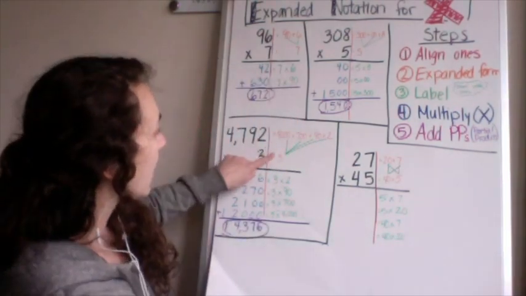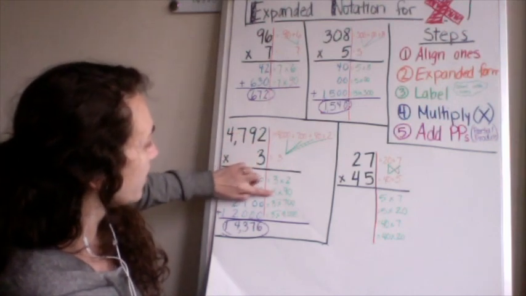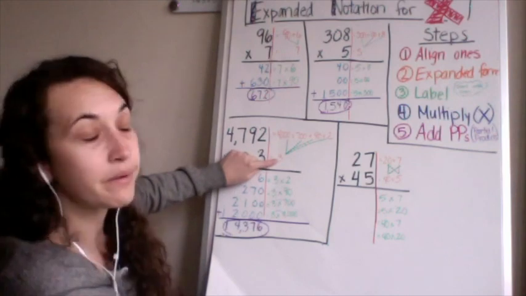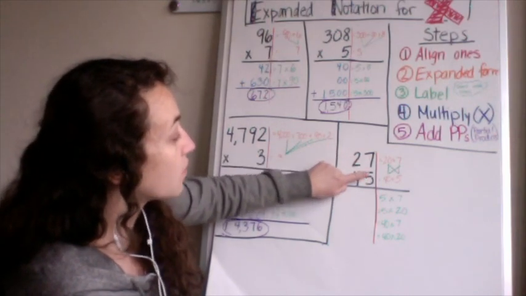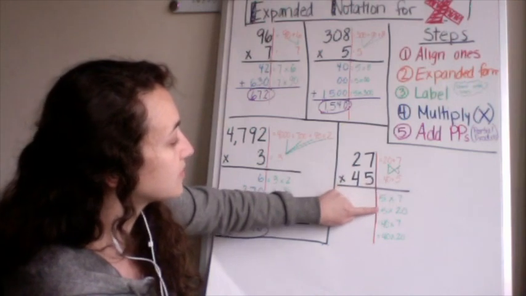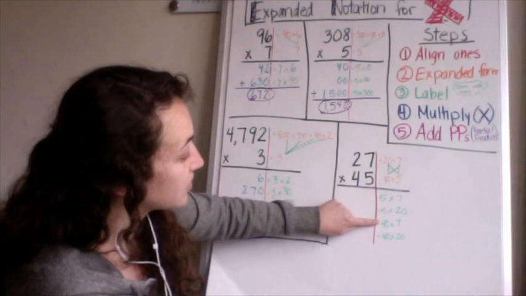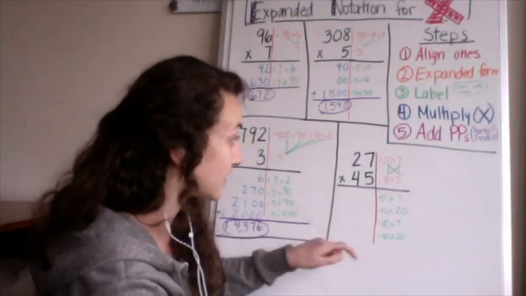Notice how I have 1, 2, 3, 4 digits in this one, which means I have 1, 2, 3, 4 multiplication problems with my 5. Here I have 2 digits in the top, so I have 2 multiplication numbers from my 5, and I should have 2 multiplication equations with my 40. That's how I know that it's correct.